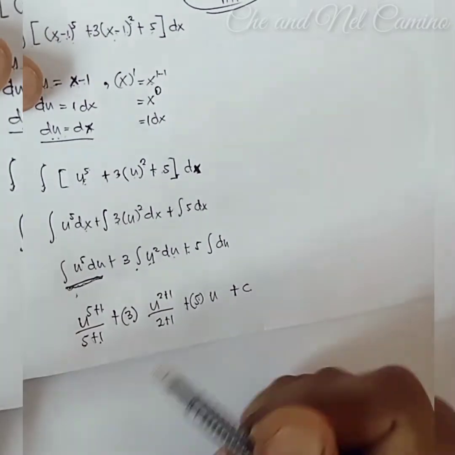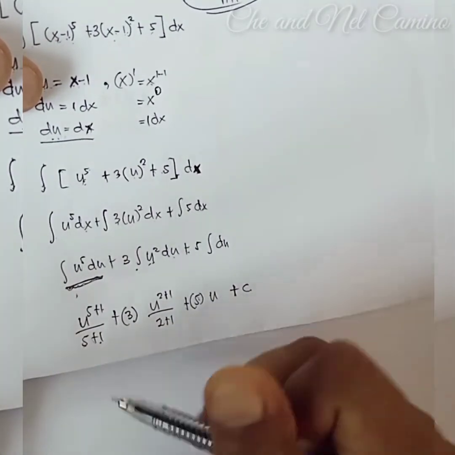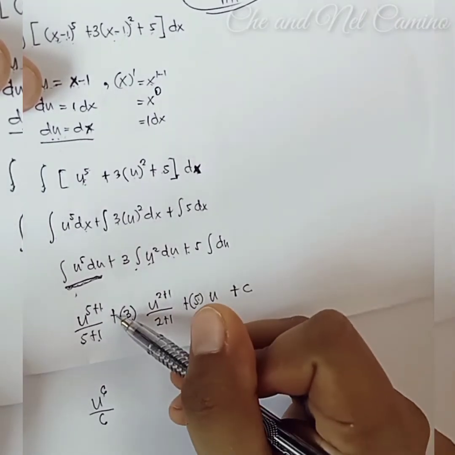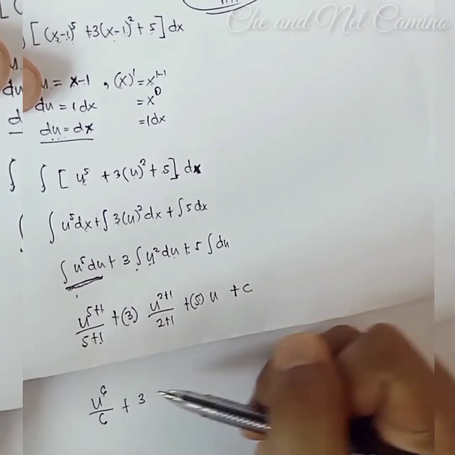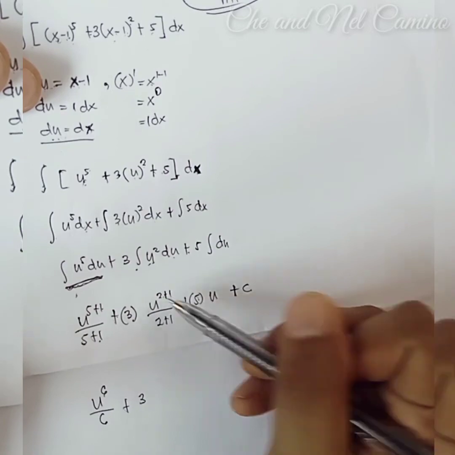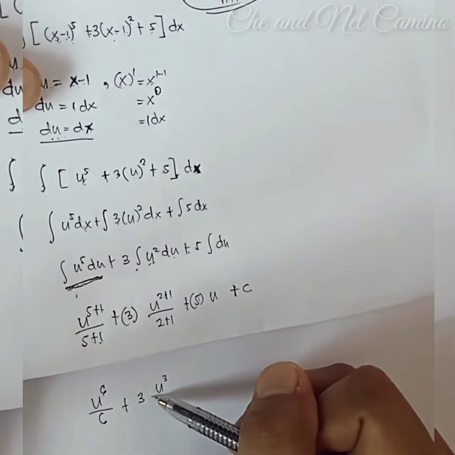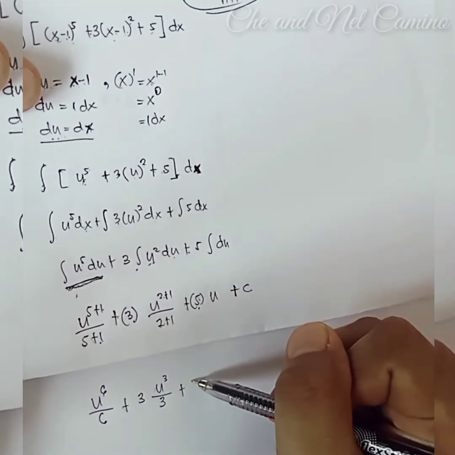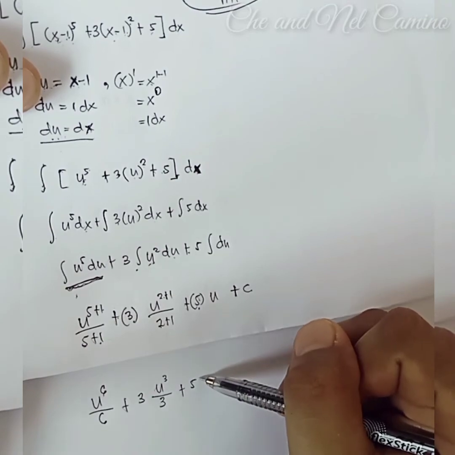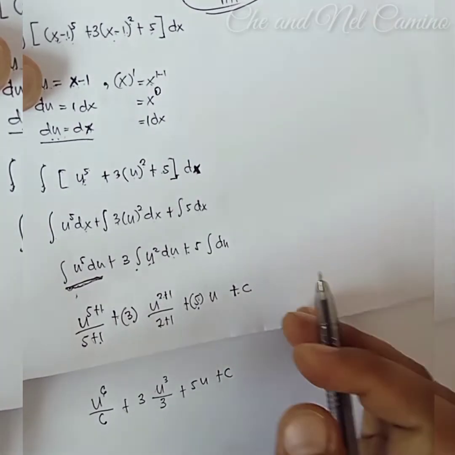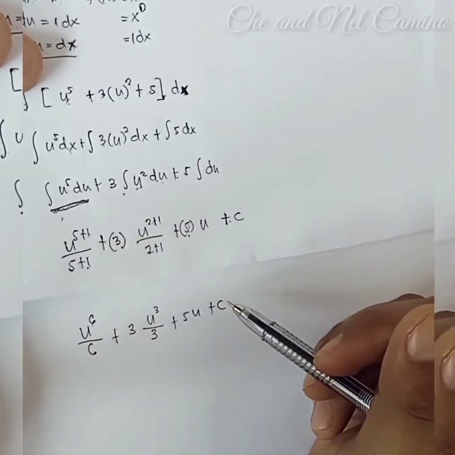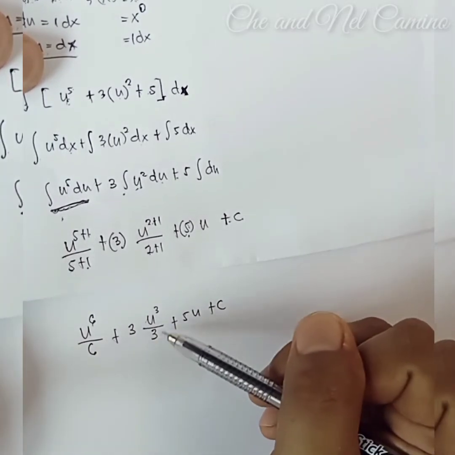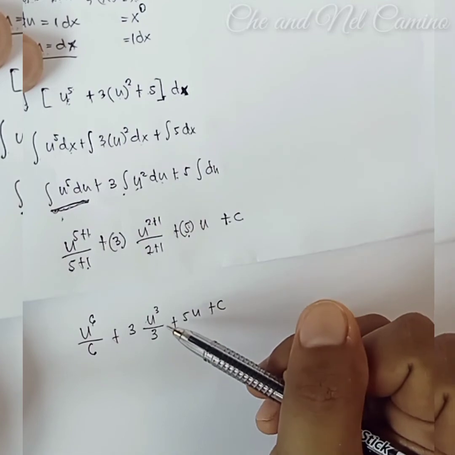So let's move forward. Perform the indicated operations here. We have u to the power of 5 plus 1, that is 6, all over 5 plus 1, that is 6, plus 3 times u to the power of 2 plus 1, that is u to the power of 3, all over 2 plus 1, that is 3, plus 5 times u, that is 5u, plus c. The next process is simply to simplify, or reduce those terms.